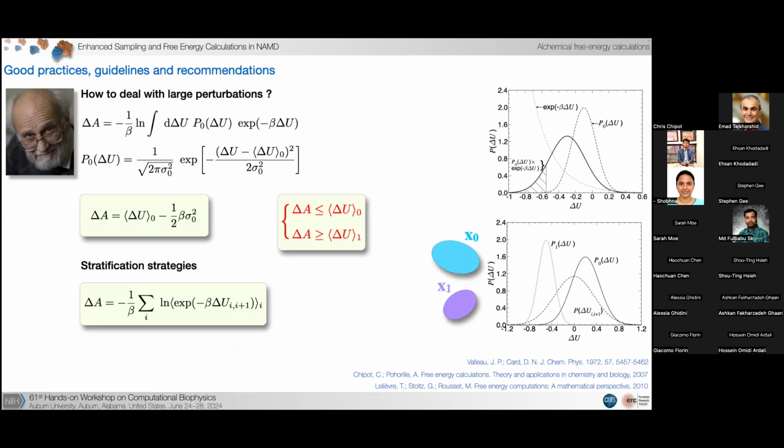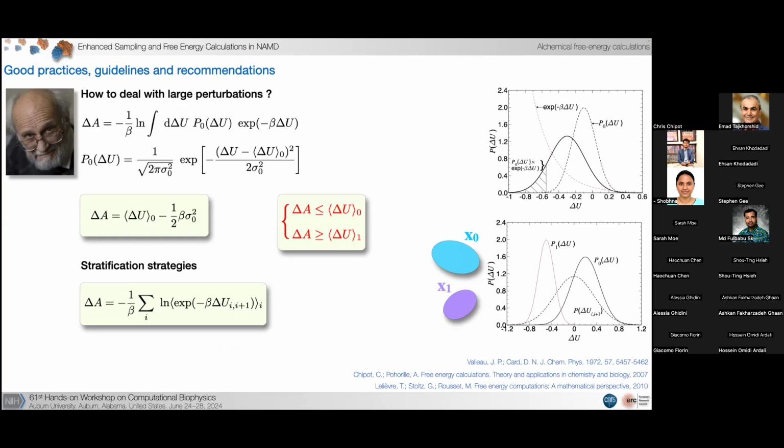So now you can see that the larger the perturbation, the larger the sigma, the greater the shift to the left. But when I do that, now you can see that if I compare P0 delta U and the product of P0 delta U times the Boltzmann weight, part of this Gaussian function lies in a region where I don't have any statistics.